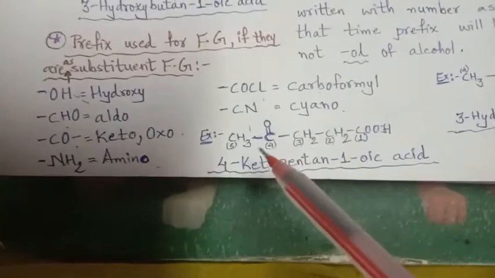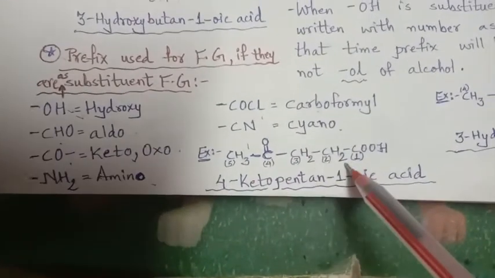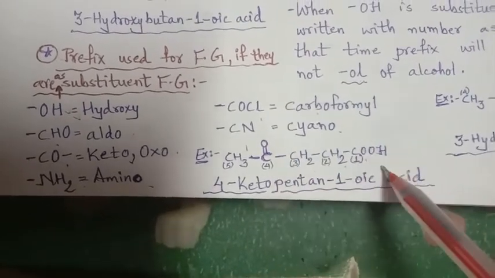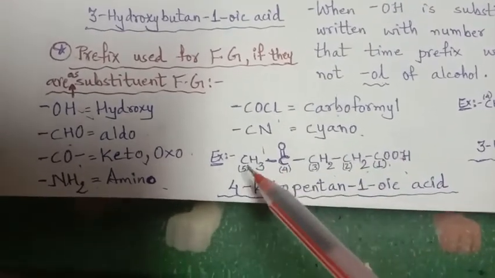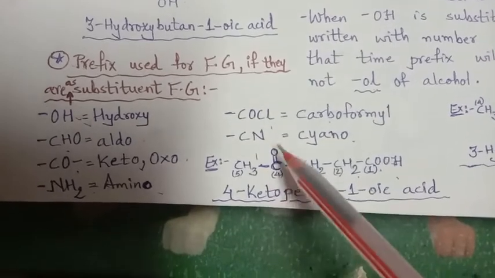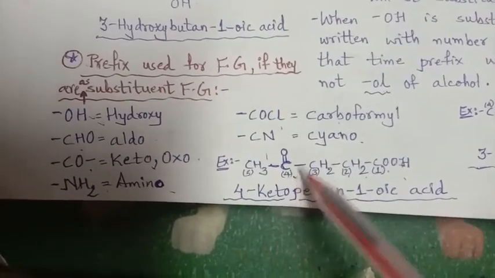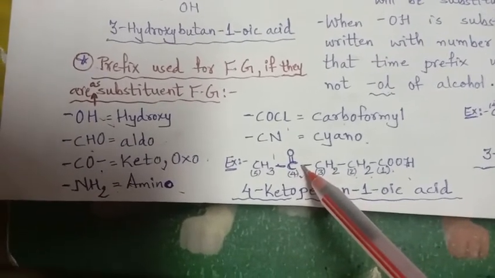Let us see an example here. CH3, C double bond O, CH2, CH2, COOH. Now see again two groups, ketone and acid. So we will go with the acid. So 1, 2, 3, 4, 5. Now which group is here? Ketone group. Which carbon? Fourth carbon. So what will we write? It is now taking a prefix. So not -one but keto.